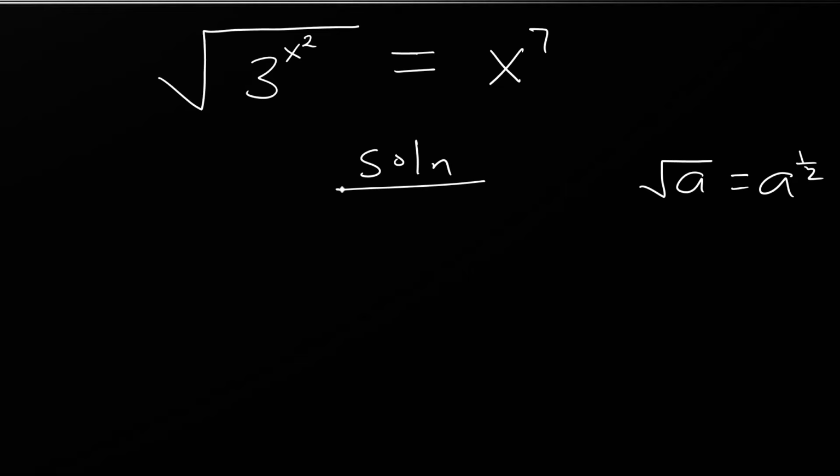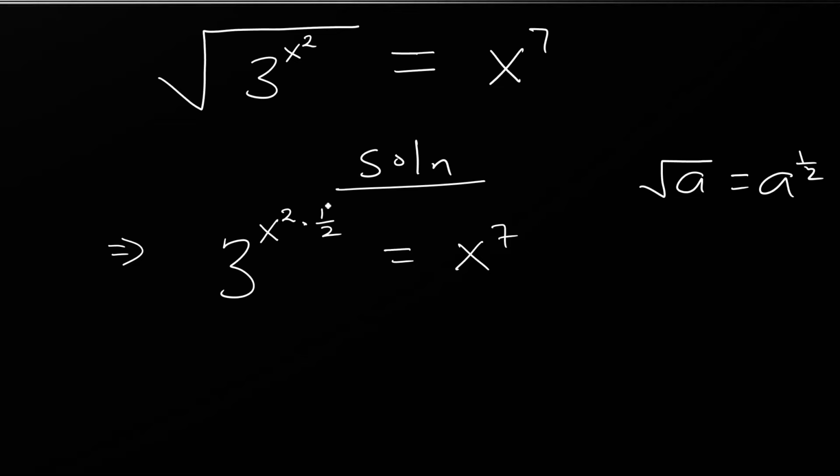So let's remove the square root by writing the left hand side as 3 raised to x squared times half. Remember the rule here, equals x to the power 7.